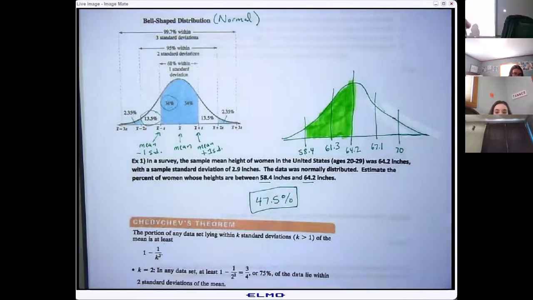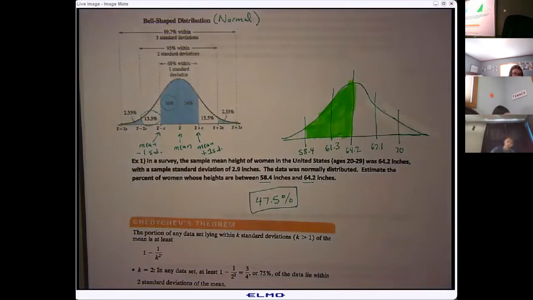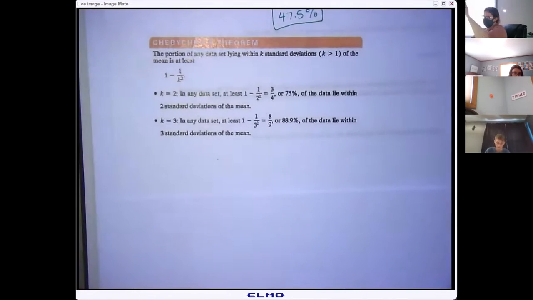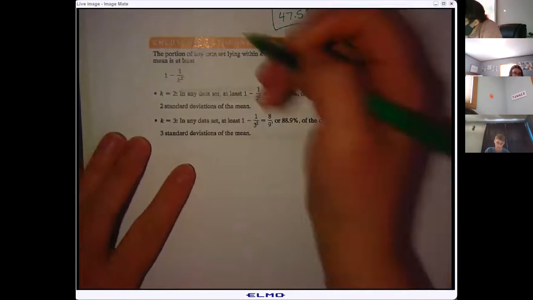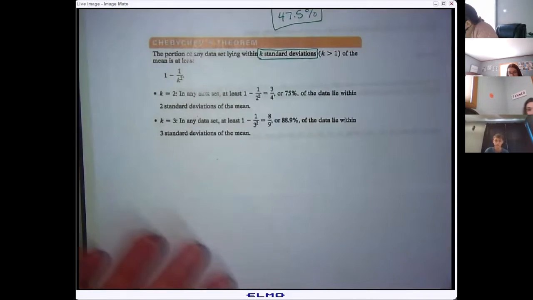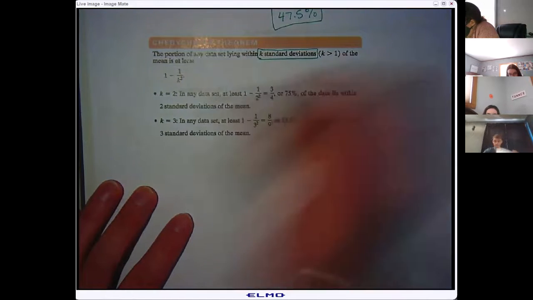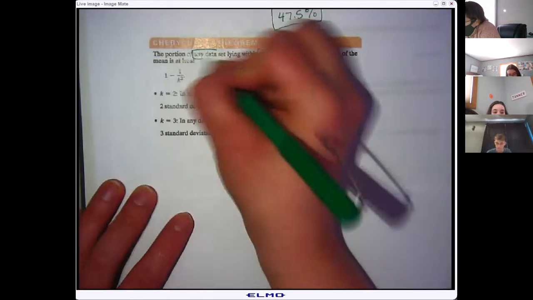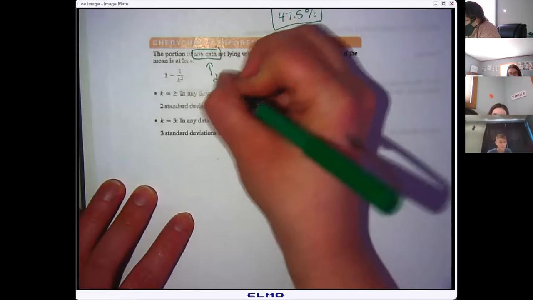All right, now Chebyshev's is the one that you guys don't know, so we're gonna go over that now. Chebyshev's basically says that the portion of any data set lying within K standard deviations, that's an important part, K standard deviations. So if I said 1 standard deviation or 2 standard deviations, but K has to be greater than 1, of any data set. What this means is that it doesn't have to be normal.